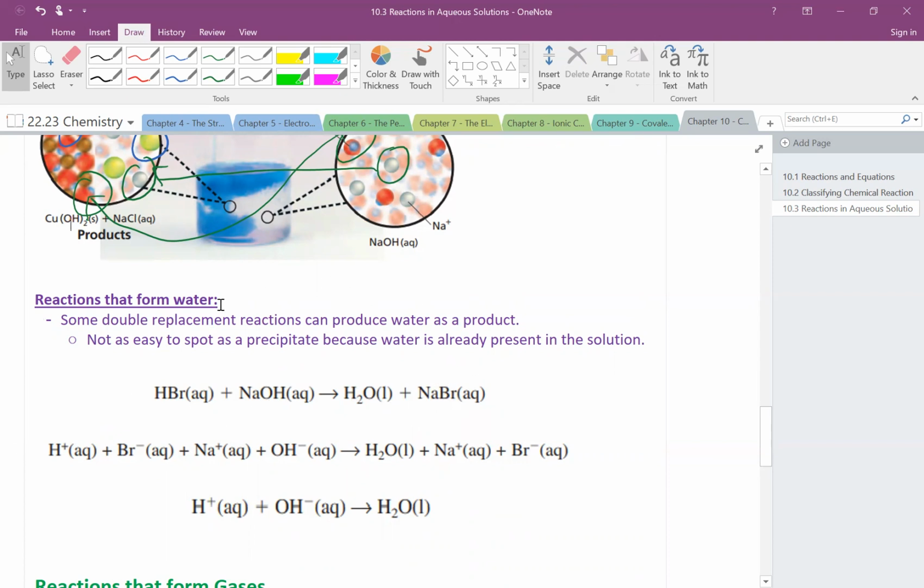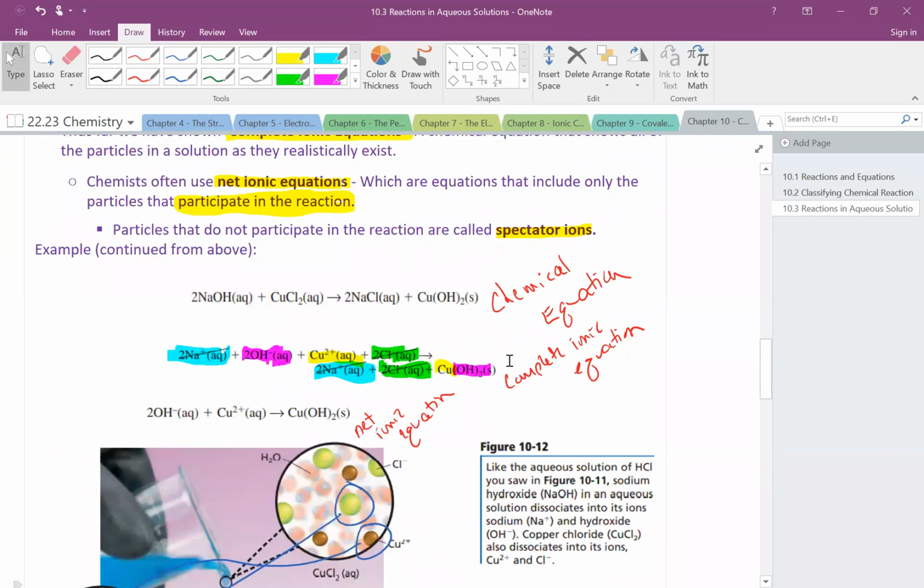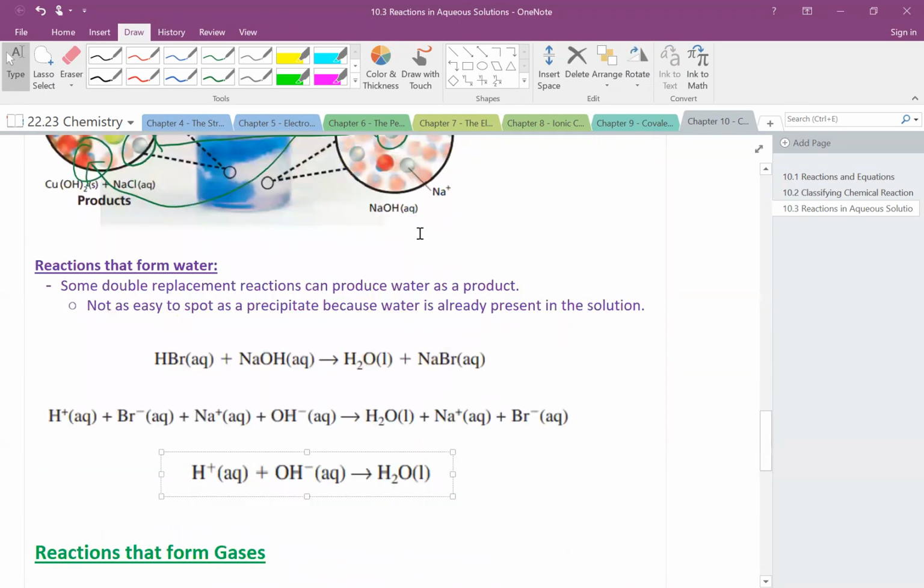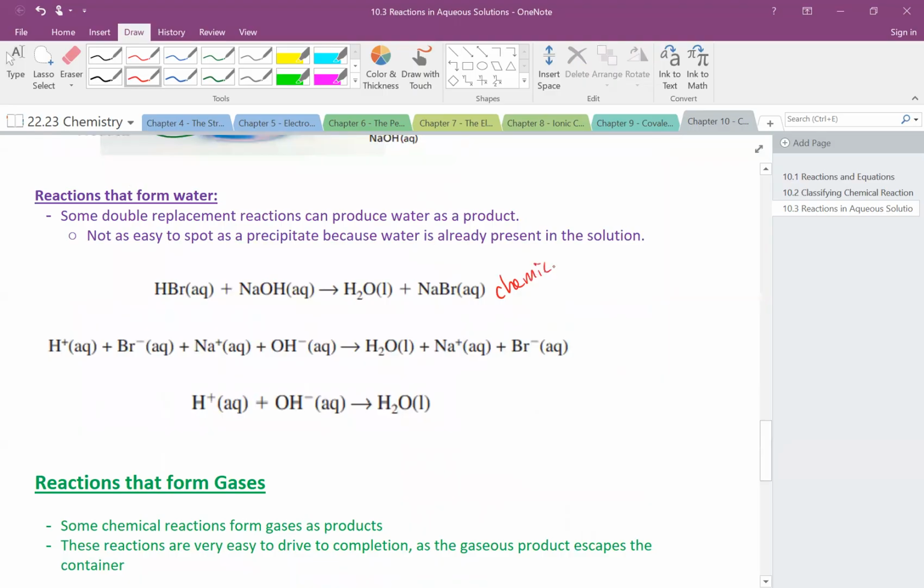So if I break that down, this would be your reaction. Look at this chemical equation, and the one below it is your complete ionic equation.